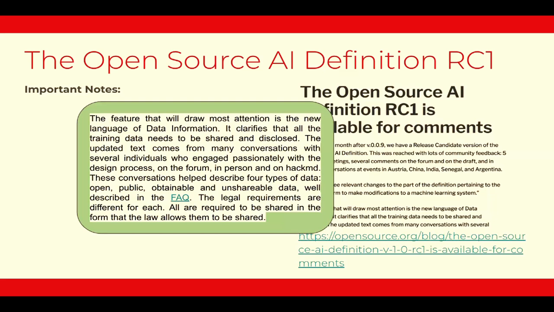And there are problems with any model, any open release of the data that we can talk about. So we'll go through what it says about clarifying all that training data needs to be shared and disclosed, etc. We'll go about that in a few minutes. But the idea is that this is not a cut and dried, clean part of the definition.